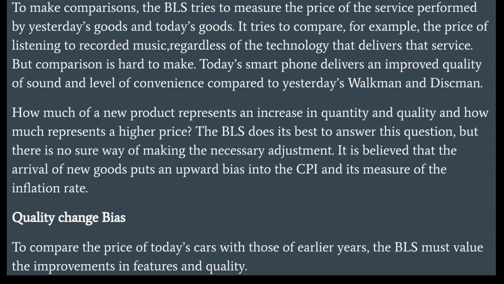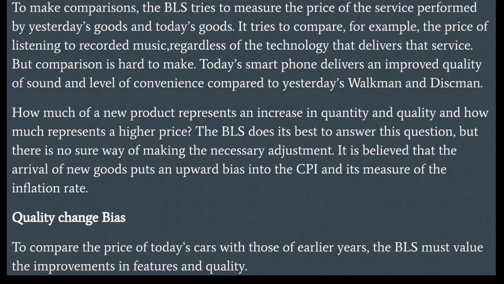To make comparisons, the BLS tries to measure the price of the service performed by yesterday's goods and today's goods. It tries to compare, for example, the price of listening to recorded music regardless of the technology that delivers that service. But comparison is hard to make. Today's smartphone delivers an improved quality of sound and level of convenience compared to yesterday's Walkman and Discman.